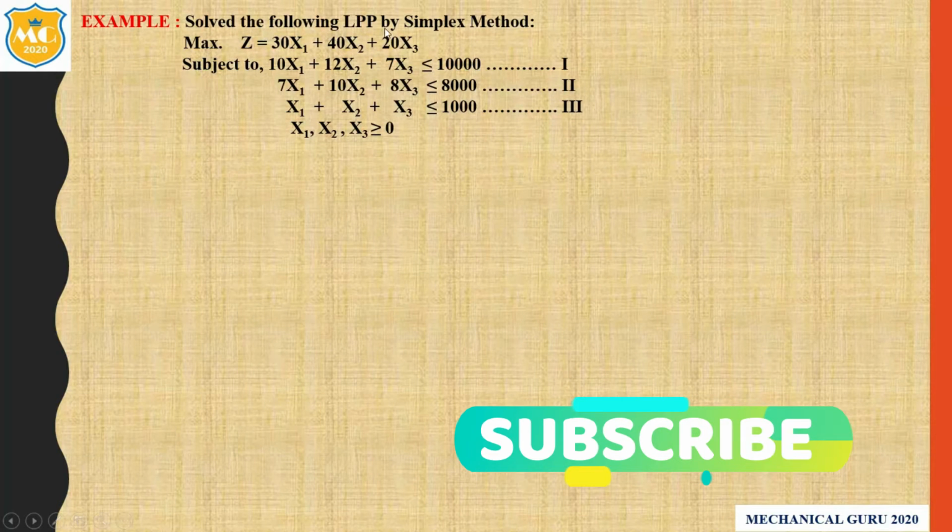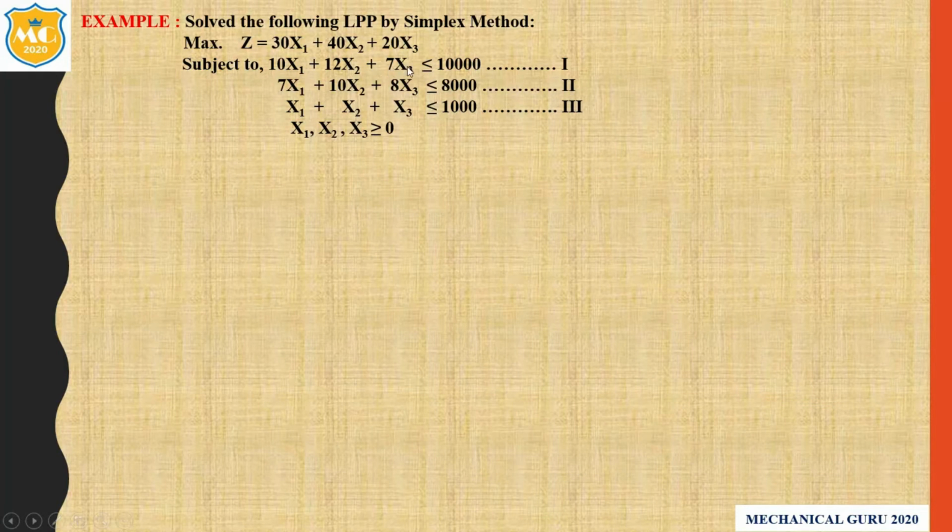Solve the following LPP by the simplex method. Maximize z equal to 30x1 plus 40x2 plus 20x3, subject to the first constraint 10x1 plus 12x2 plus 7x3 less than or equal to 10,000. This is the first equation.